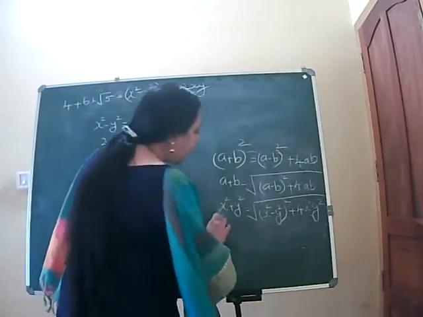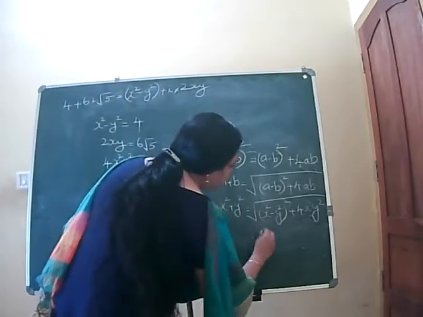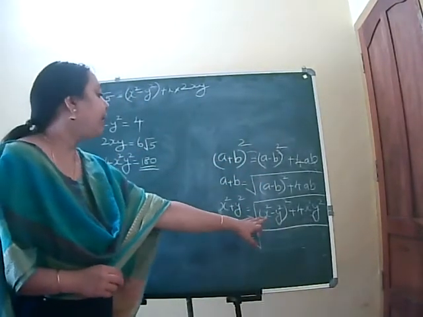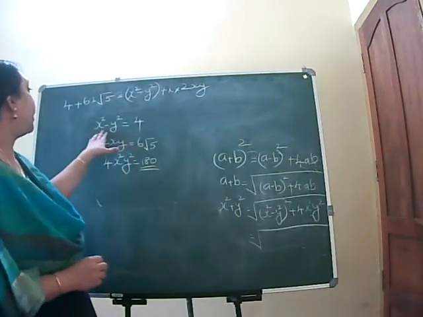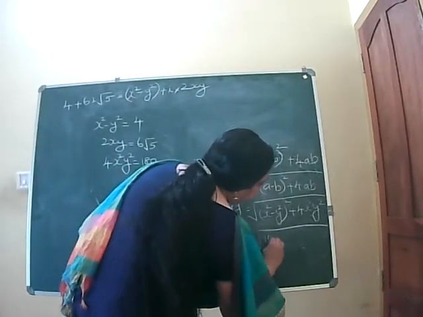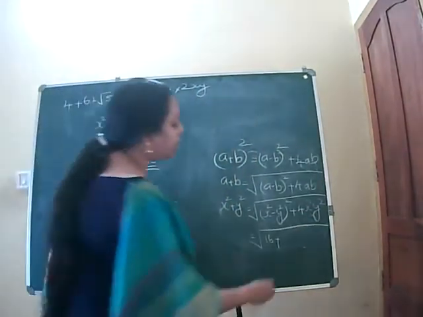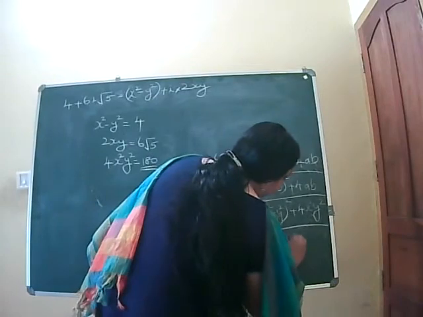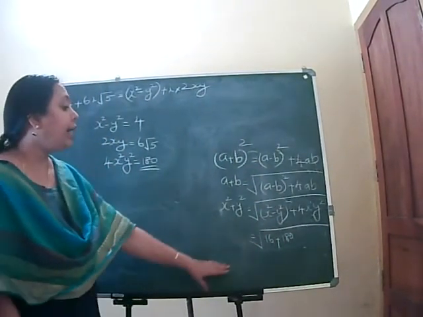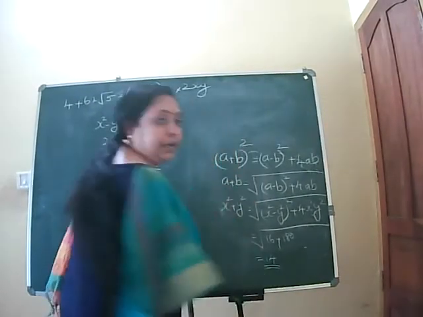Now we get x square plus y square is equal to square root of x square minus y square the whole square, that is 4 square, 16, plus 4x square y square, that is 180. That is square root of 196, which is equal to 14.